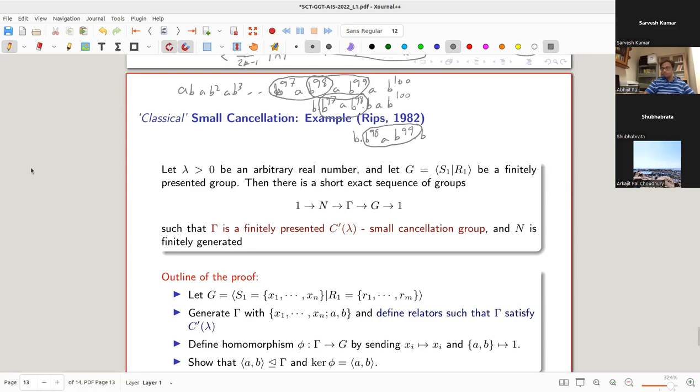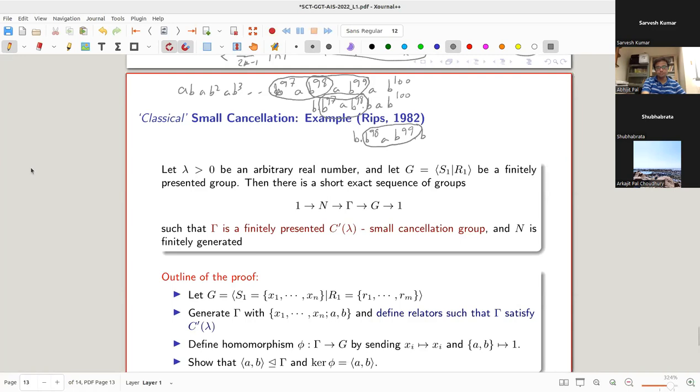Also, it is important that the kernel is finitely generated. It may have happened that an infinite kernel gives us this, but no. So even the kernel is quite well behaved, a finitely generated kernel.